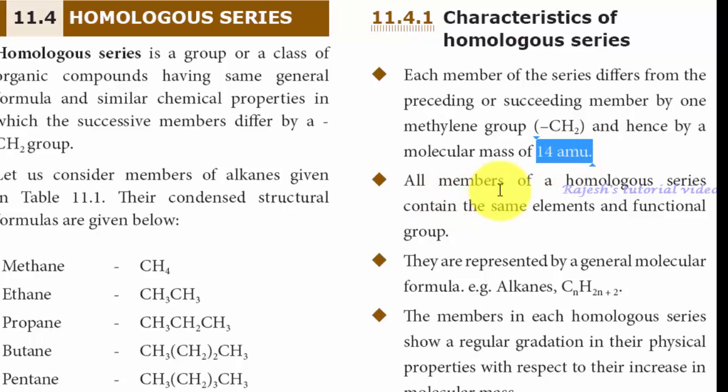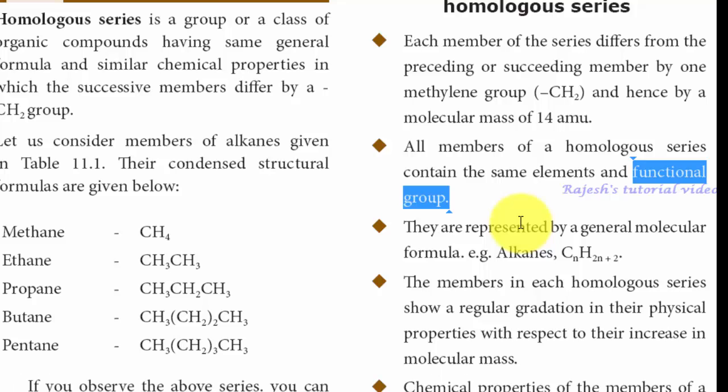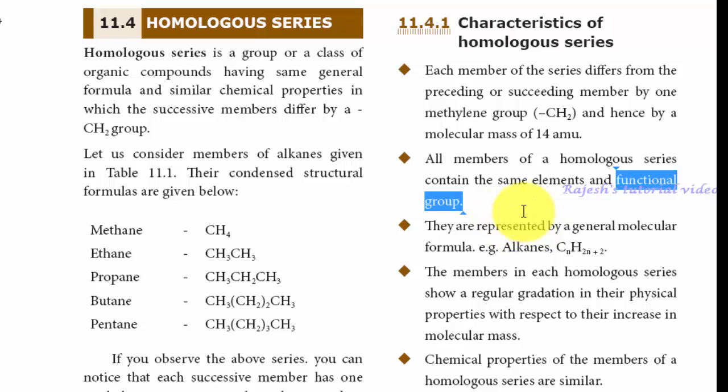Then all the members of the homologous series contain the same elements and functional group, and they are represented by the general molecular formula. For alkanes it is CnH2n+2. And then chemical properties of the members of a homologous series are similar.